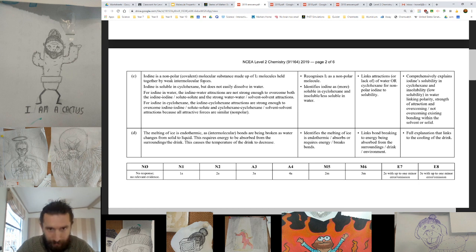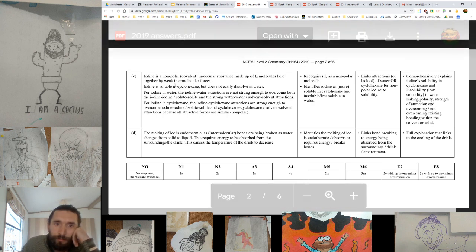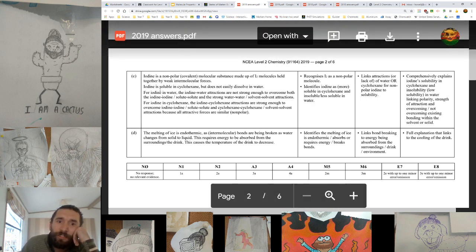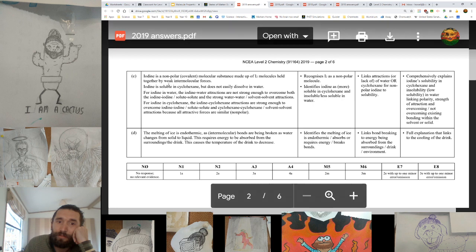So they're saying it's molecular, they're saying it's non-polar, and they're saying the forces holding the iodine molecules together are weak intermolecular forces. Iodine is soluble in cyclohexane, but does not easily dissolve in water.